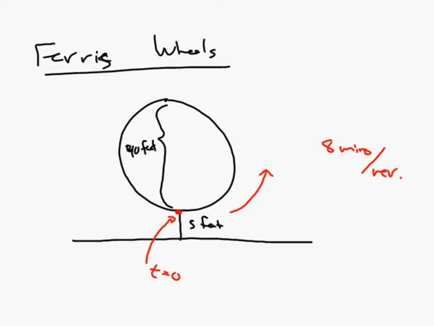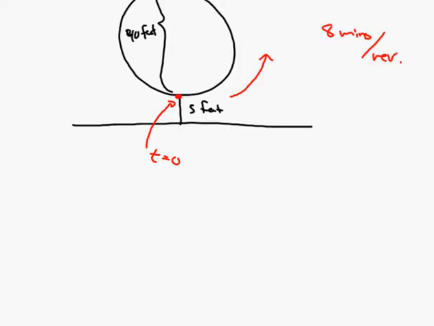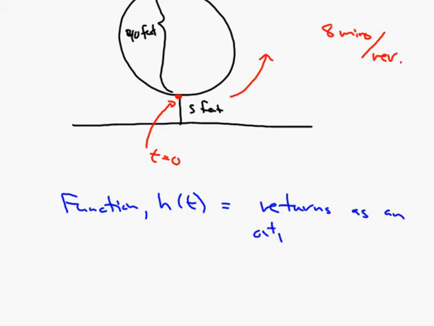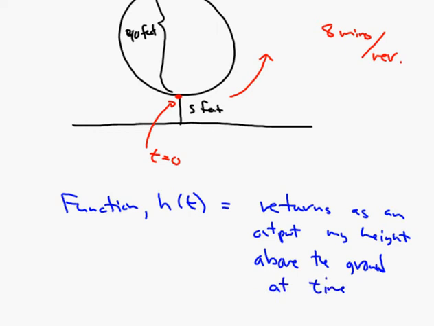So let's state a goal here. What I'd like to do is create a function. We'll call it h of t, and the function returns as an output my height above the ground after or at time t.